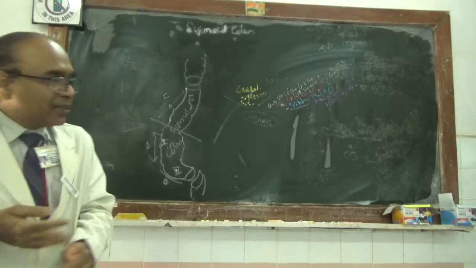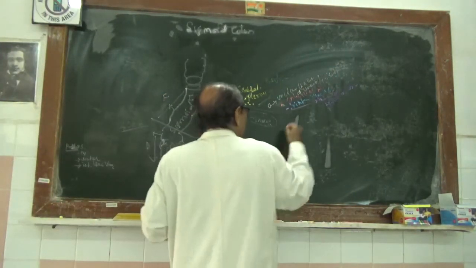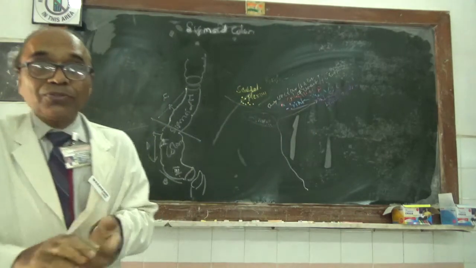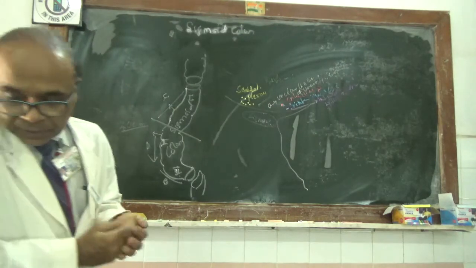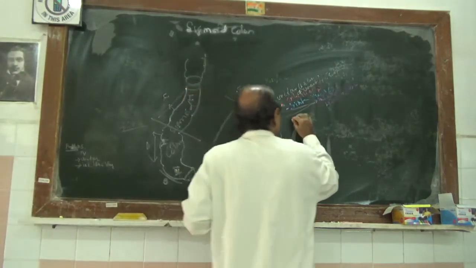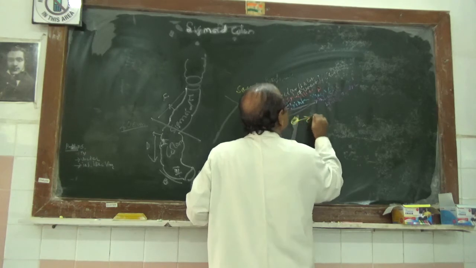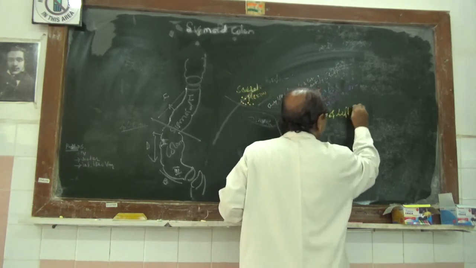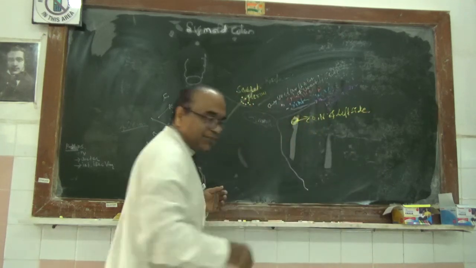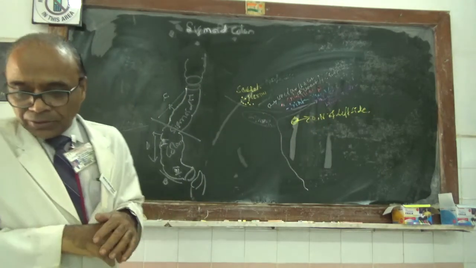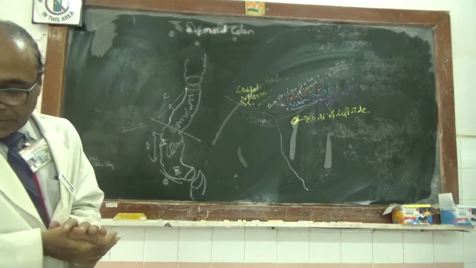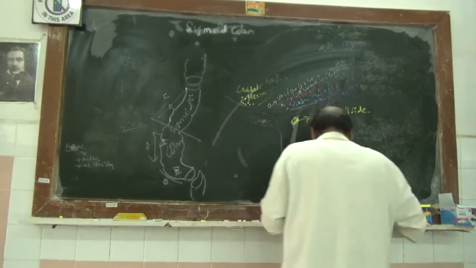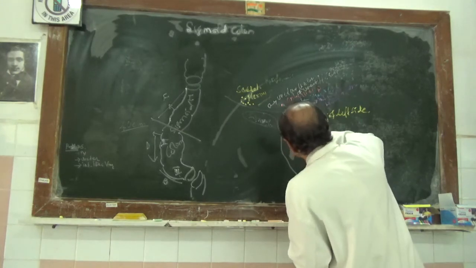Now after the posterior relation, you will have the lateral relation. Now the lateral relations of the sigmoid colon: the first is the obturator nerve of the left side. Then you will have the external iliac vessels.